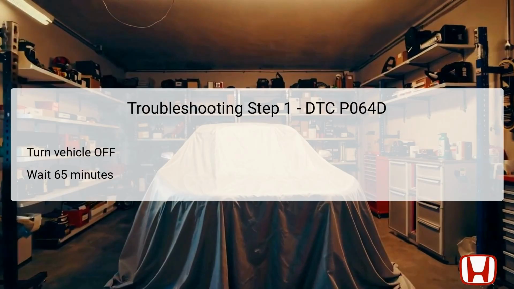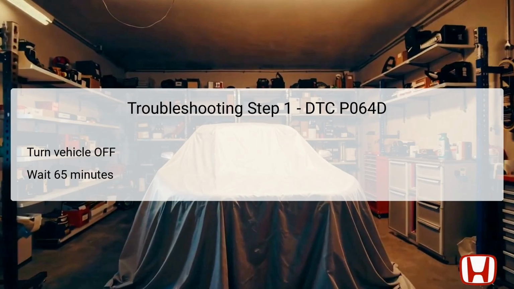The first step in troubleshooting DTC P064D involves turning the vehicle to the off mode and waiting for 65 minutes or longer. This waiting period is important as it allows any residual power in the system to dissipate completely, which may reset temporary faults that have triggered the code.